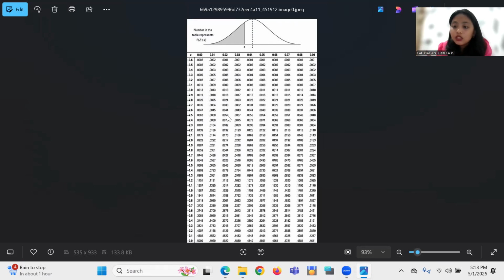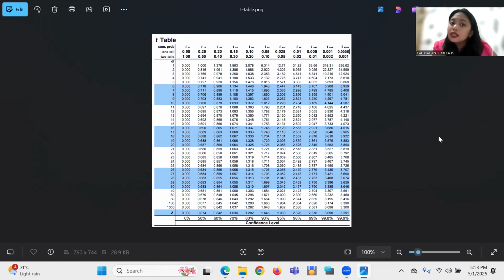So this is the only table I have, because the z-score and t-score tables that I had in senior high, I already deleted along with the other files. I forgot to save it, no? So this is the t-score table. This is what the t-scores and the z-scores will have.